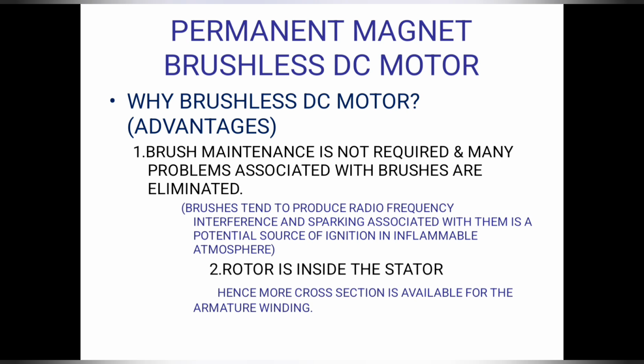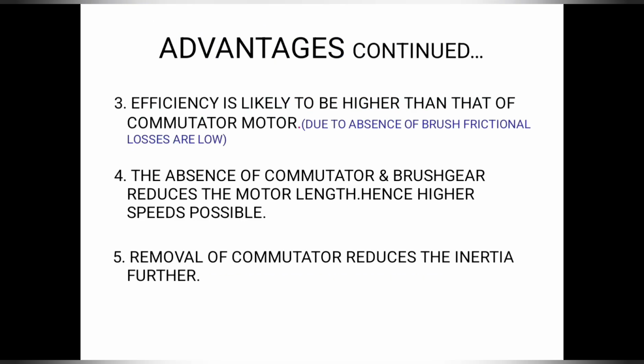Second point, rotor is inside the stator, so we are getting more cross-sectional area to have the armature winding. That is the second advantage. Third advantage is the efficiency is likely to be very high compared to a normal commutator motor, that is DC motor, as the brushes and their frictional losses are avoided, the efficiency gets improved.